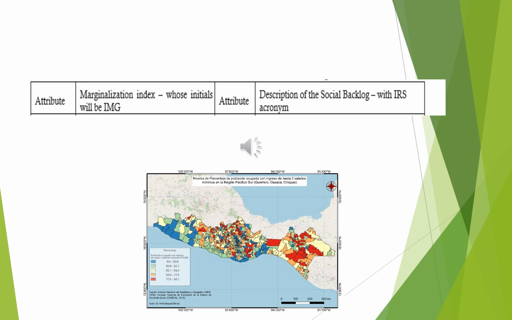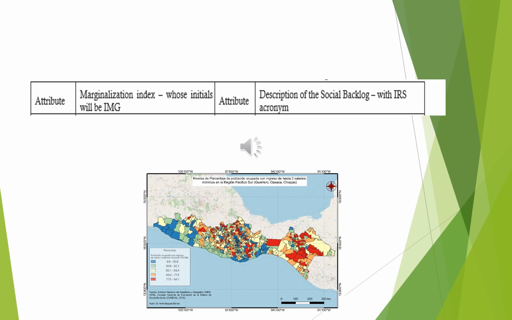There are currently two indicators that seek to measure marginalization of the Mexican population. These are elaborated by Coneval and CONAPO, which are institutions to measure poverty in Mexico.